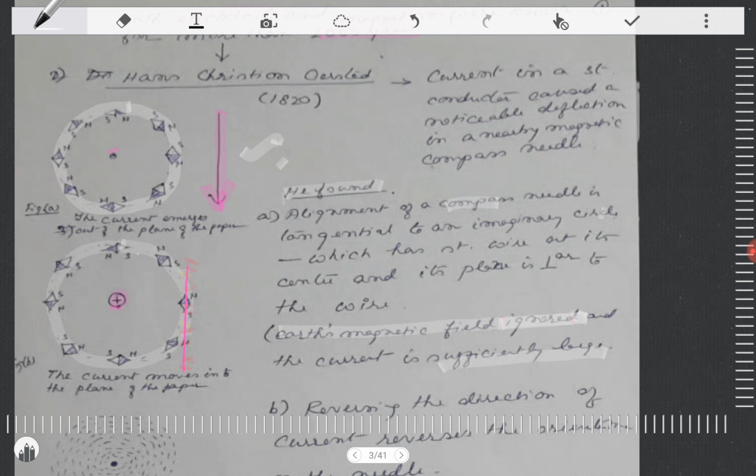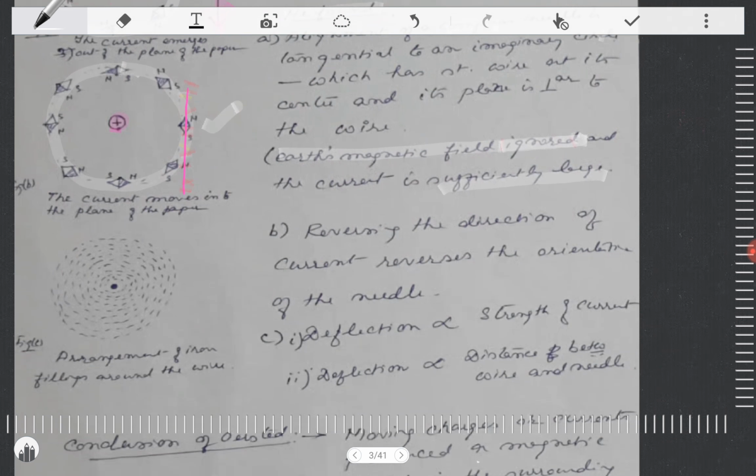If you use your right hand, you will be able to see the direction of the magnetic field. In the second figure, current is entering from the top of the table, moving into the plane of the paper. Thus reversing the direction of the current reverses the orientation of the needle.